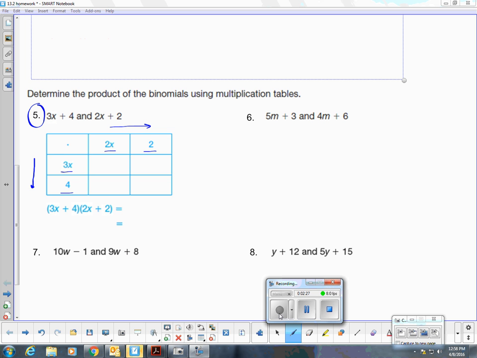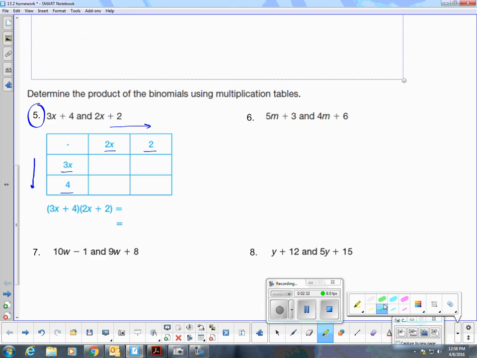So what we do to fill in this multiplication table is we first begin by multiplying 2x times 3x. That gives me 6x squared. The next 2 terms I'm going to multiply are 3x times 2, and that gives me 6x.